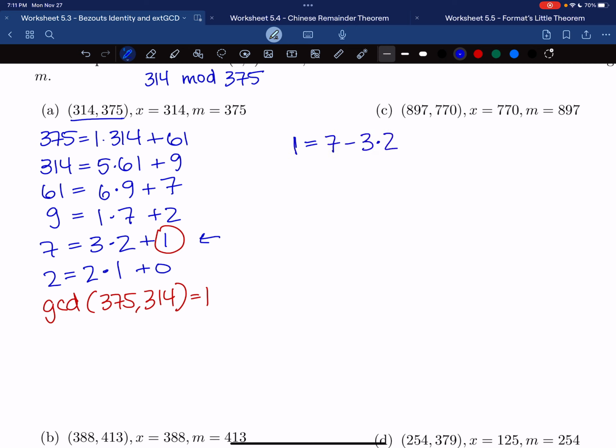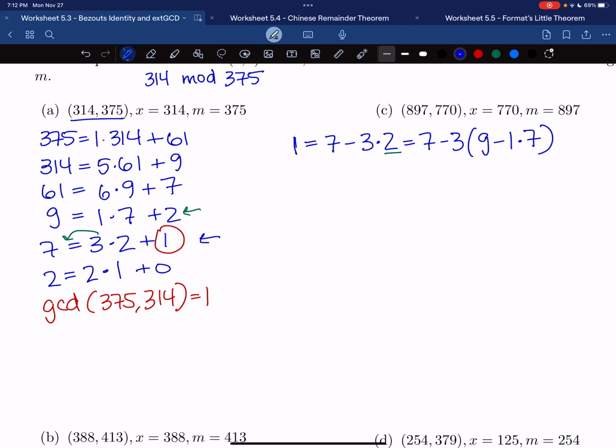It's just another way, I'm going to move this value to the other side. I'm going to start from that 1. And then I see that I've got this 2. I've got a 2 here too. So I have 7 minus 3 times 2, but 2 I can write as 9 minus 1 times 7.